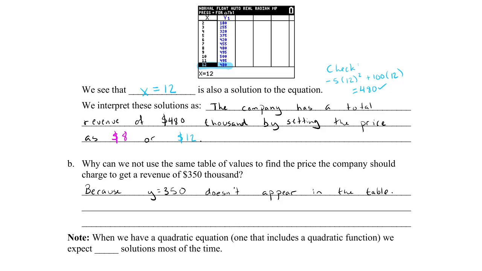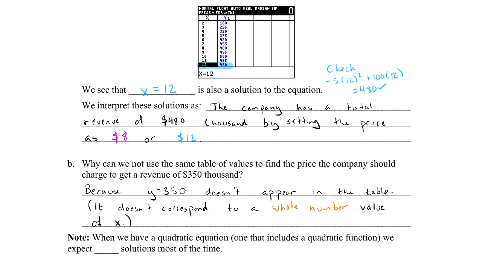Why does y equals 350 not appear in the table? It doesn't correspond to a whole number value of x. In fact, in general, if a certain y value doesn't correspond to a whole number x value, we expect it's going to correspond to some really ugly value of x, some ugly decimal. So we're going to end up rounding. We can't see it in the table. In order to find the price to get a revenue of $350,000, we need another technique.